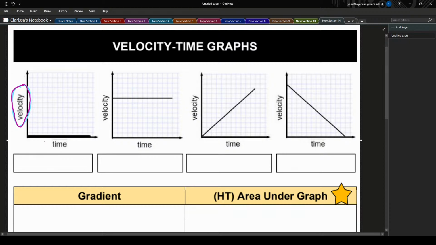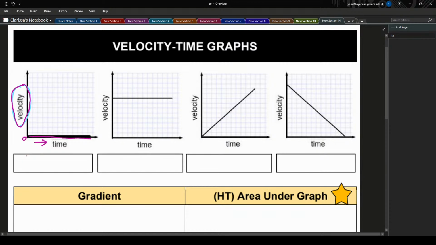So let's start from the left-hand side here. Velocity and time: we have a straight horizontal line that's at 0. As time is increasing, going from left to right, velocity is staying at 0. Well, how would you describe this motion?